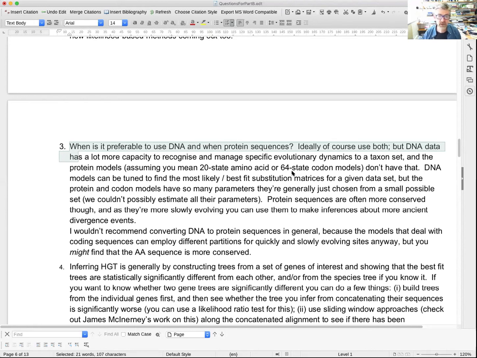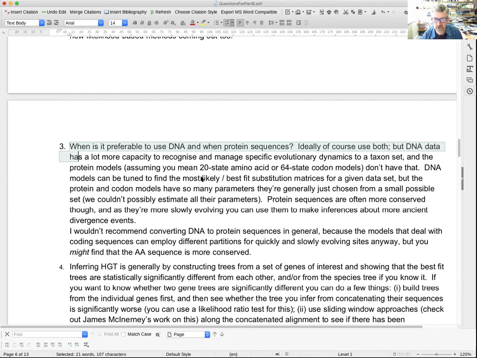There's BLOSUM, a really old one, which I think I showed you in the presentation the other day. But you have to pick one and then use that one for your analysis, so it's not possible to best fit the model to your data. You're kind of stuck with what you get.